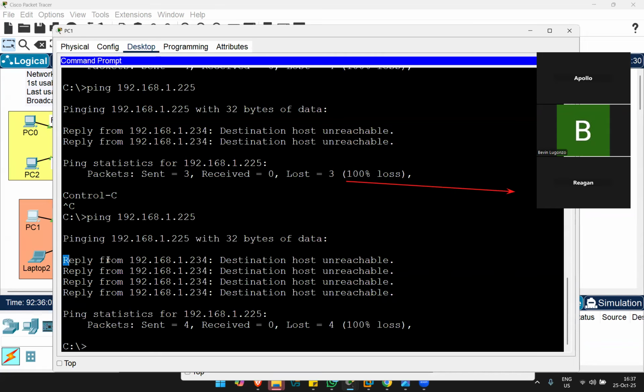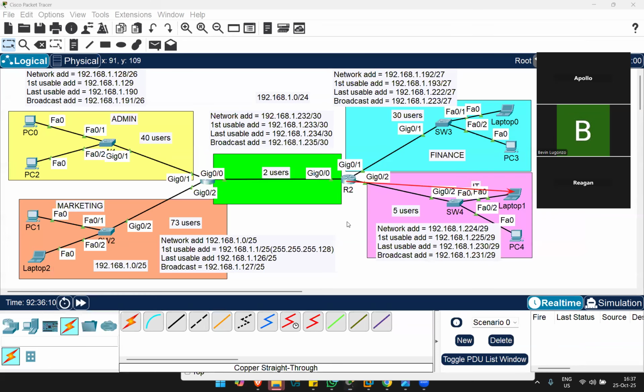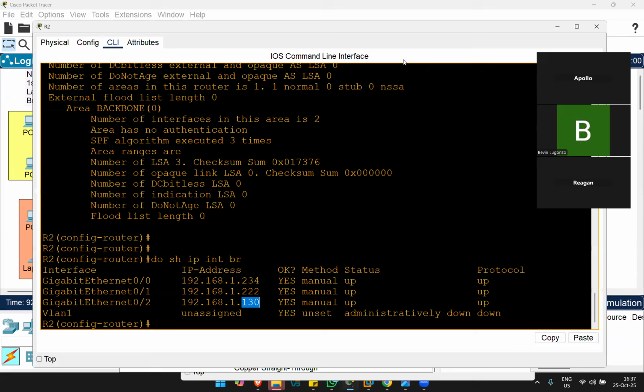We are getting that reply from 192.168.1.234. It simply means we need to look at the IP address that we gave this interface here. So let's see it.